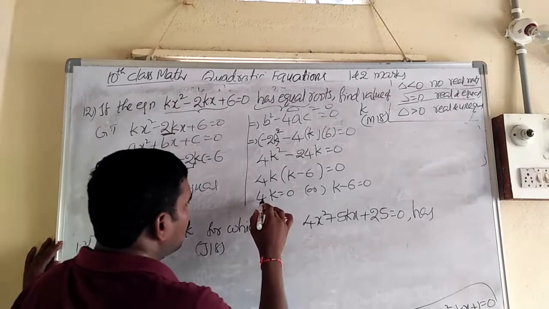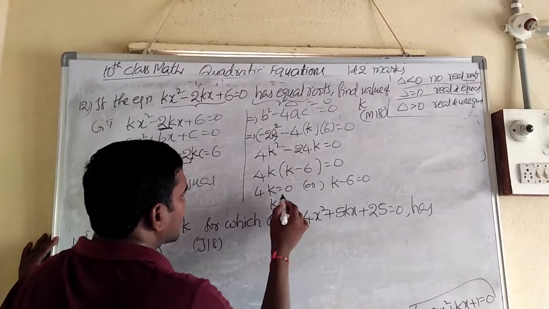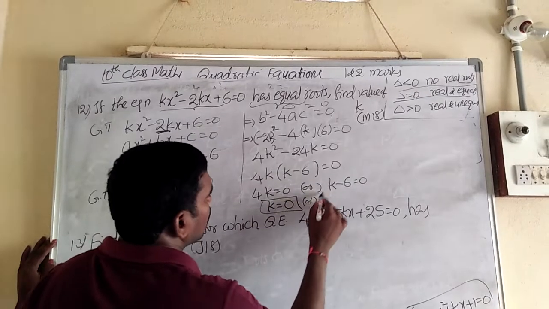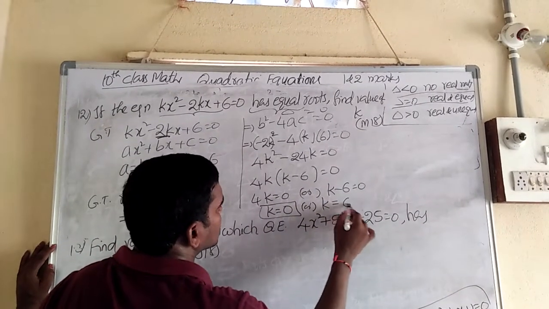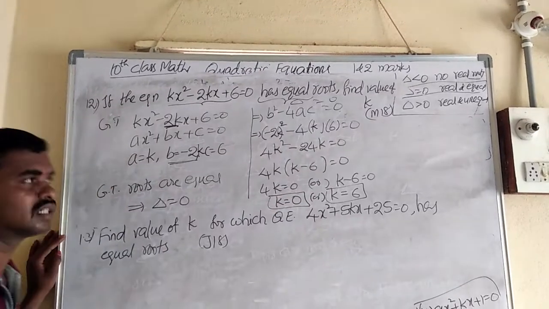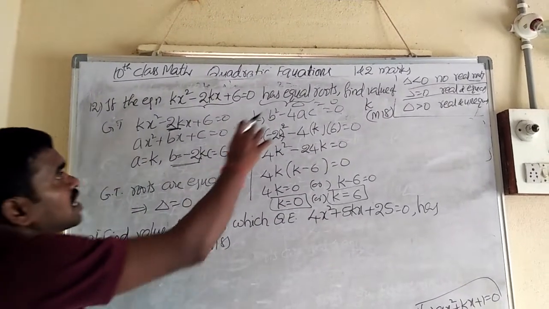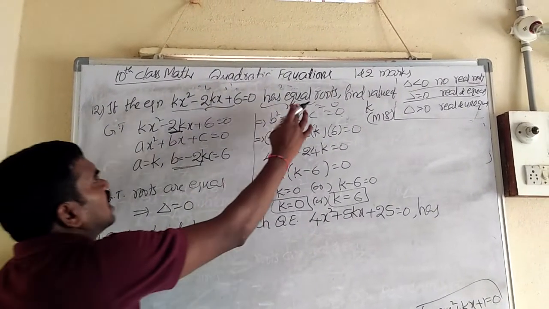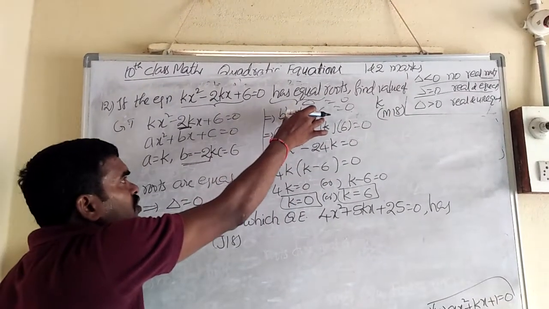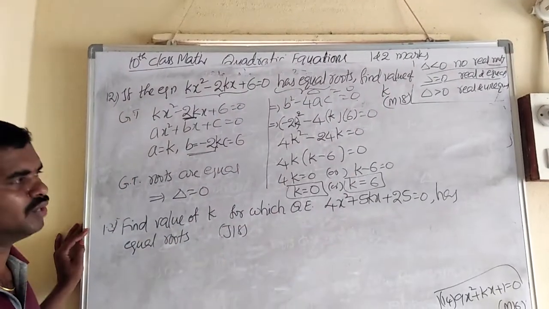So k equals 0, or sending 6 to the right side, k equals 6. So the k value is 0 or 6. This is when the roots are equal. We took delta equal to 0, the discriminant b square minus 4ac equal to 0, substituted and simplified to get the k value.